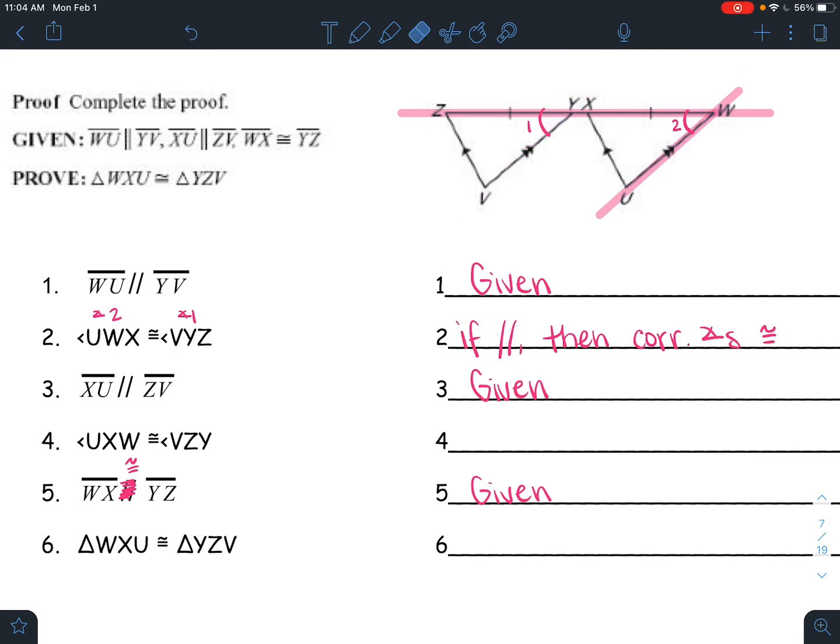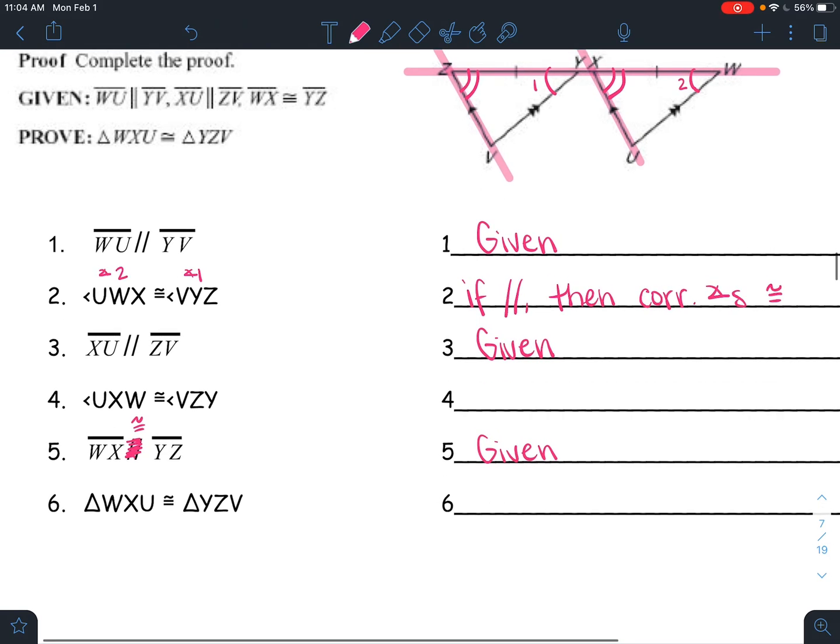Now let's look at our other set of parallel lines. I have ZV and XU. And again, they share that common transversal. And what I see here is that I have another set of corresponding angles. So let's see. UXW, so I'm going to name this one 3 and 4.